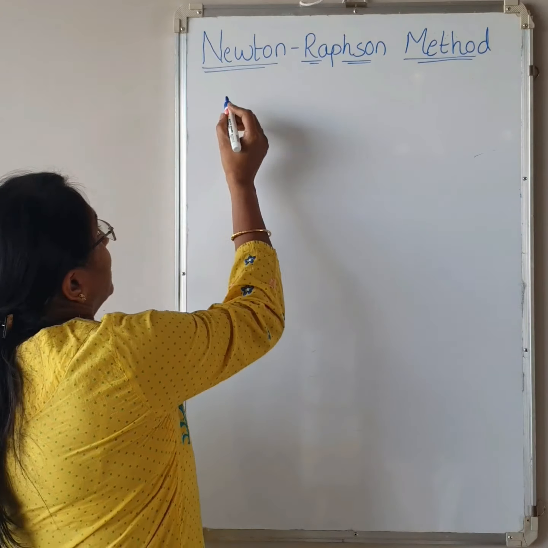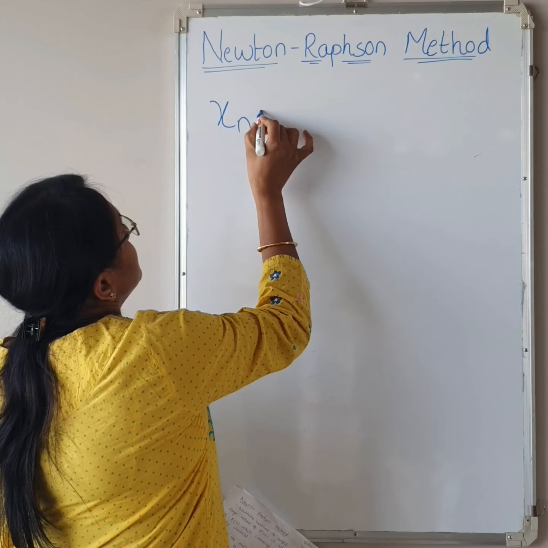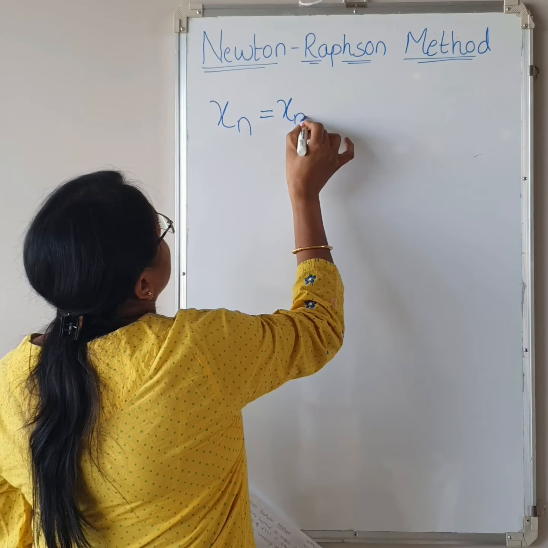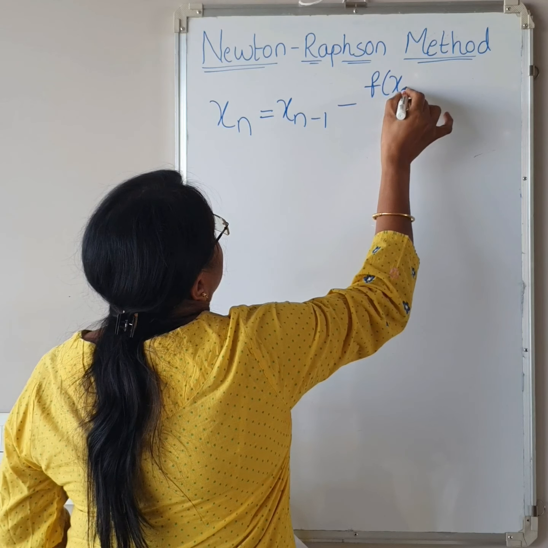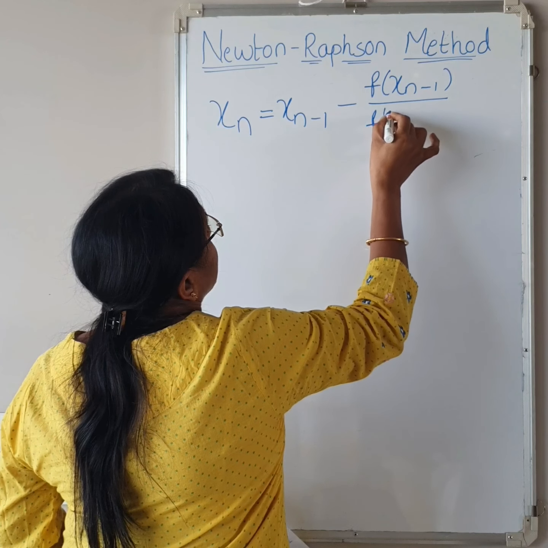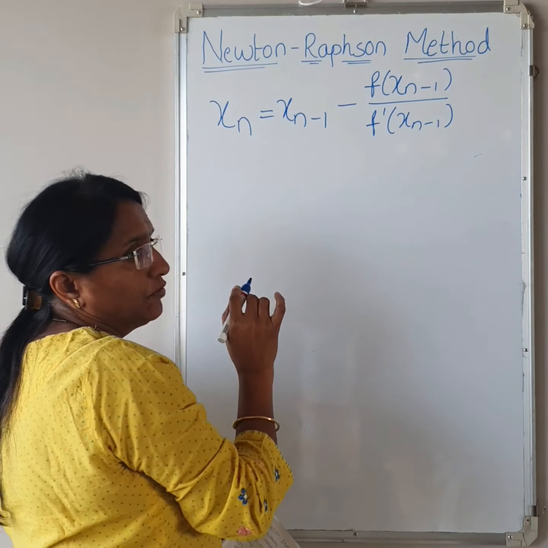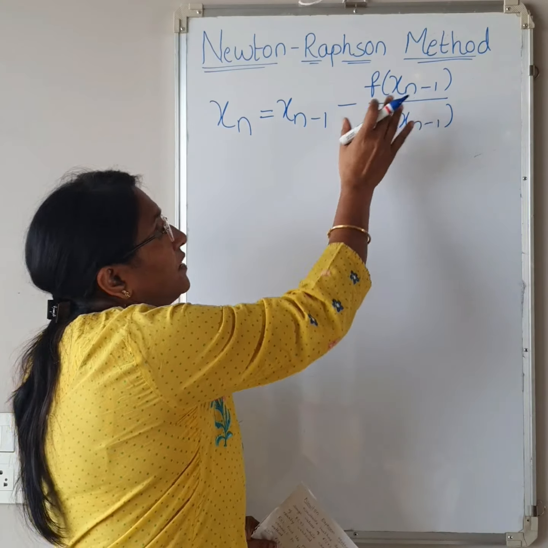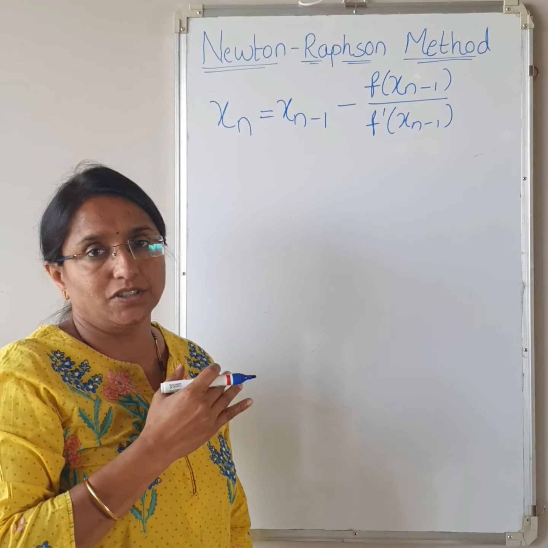Here, what is the formula? The general formula of Newton-Raphson method is xn is equal to xn minus 1 minus f of xn minus 1 divided by f dash xn minus 1. So here given equation will be f of x. First we have to find out f of xn minus 1, then its differentiation.